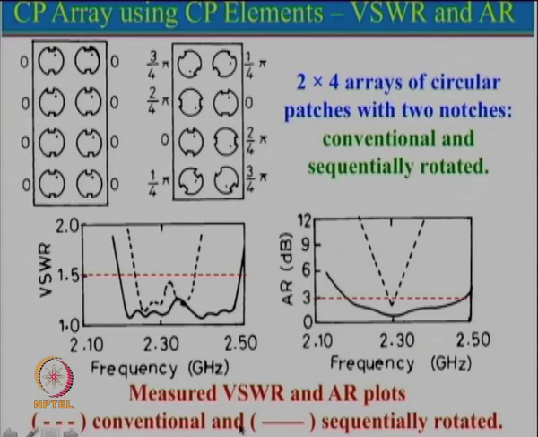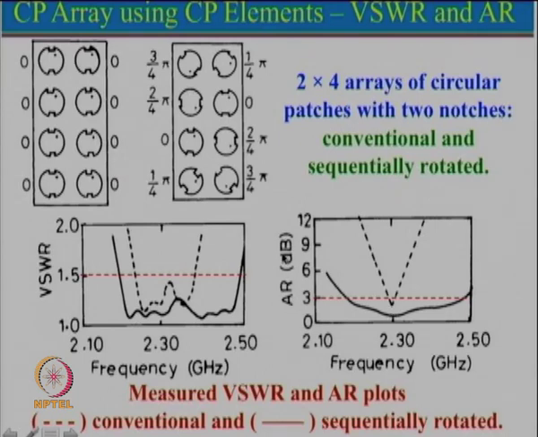Now if we look at the results of these two, you can see here the measured VSWR and AR plot. If you look here, the VSWR is really very good. The line which I have drawn is at 1.5, and you can see a frequency response from 2.1 to 2.5. This is the plot for the conventional antenna, which we know generally gives nearly circular patches with notch, they are all single feed, and they give a larger VSWR bandwidth, but the problem with these antennas is they have a relatively smaller AR bandwidth.